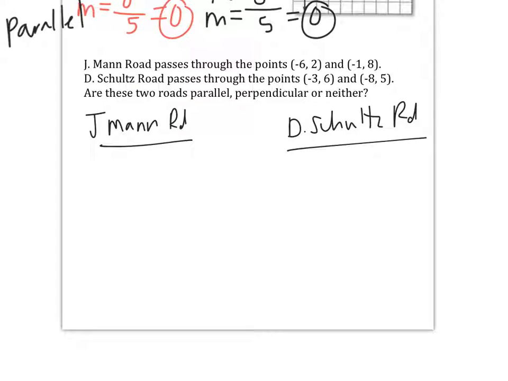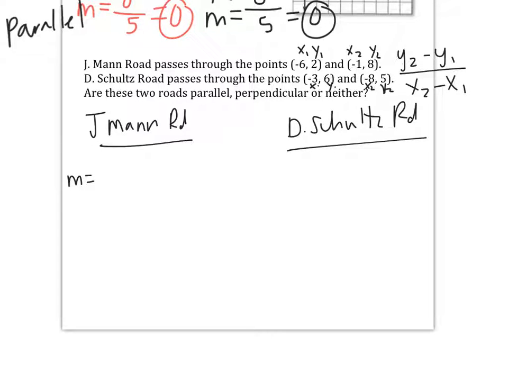And so if I want to find the slope, again, remember that formula, y2 minus y1 over x2 minus x1. So I can label x1, y1, x2, y2 to find the slopes here.